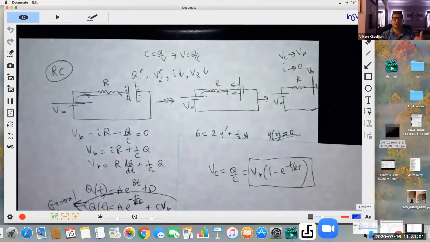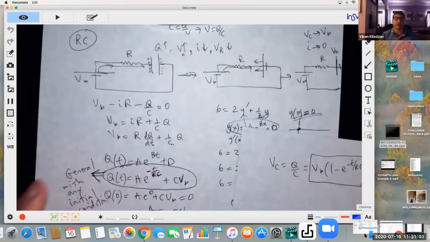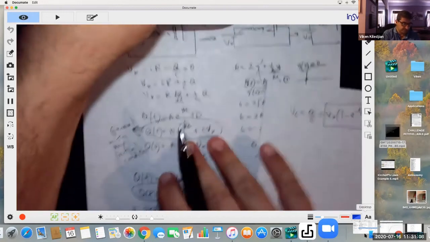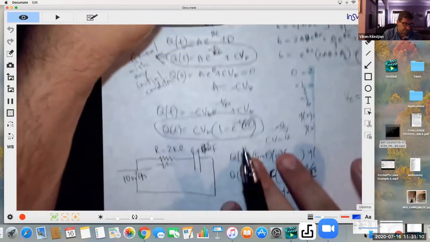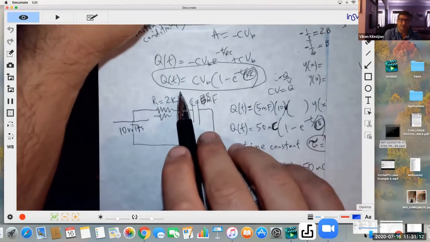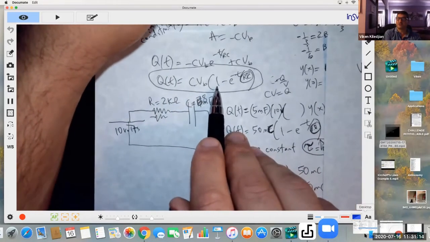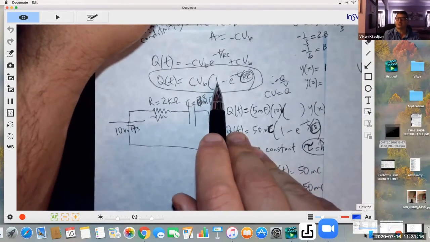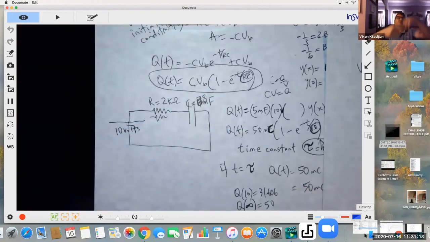So the current should start dropping. So how can I derive the current equation? Well, once you have the charge, the current is the derivative of the charge. So that's it. I don't have to do another differential equation for that, right?